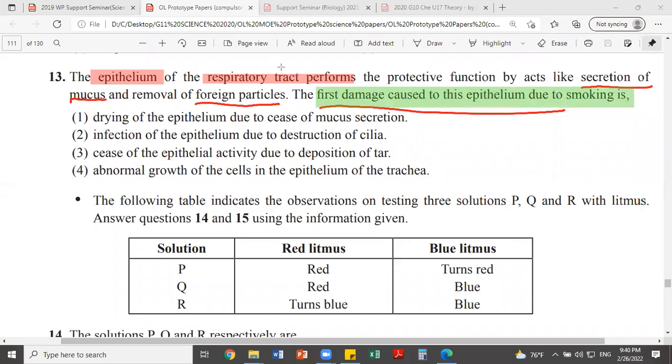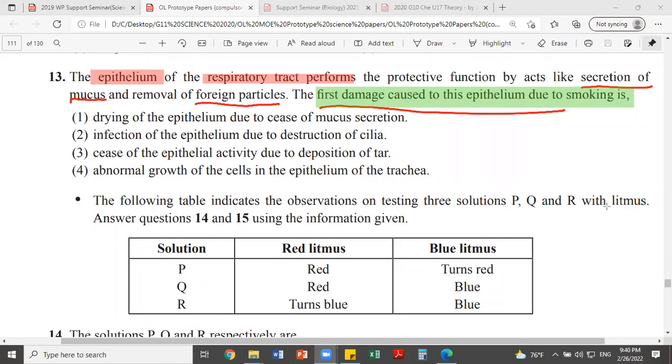Who can tell me the answer? Any volunteers? Question number 13. First damage. I'll ask the answer from Ayad, Ashen, Umar, Abdullah.